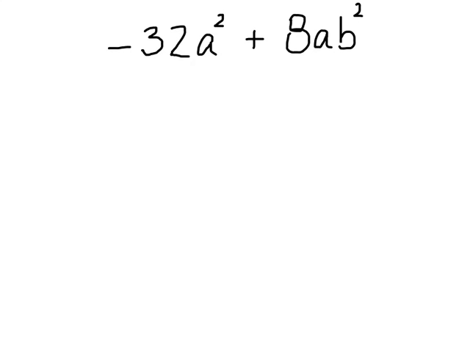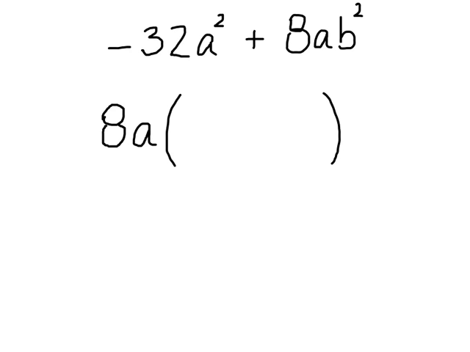So we're going to deal with our number first, and then we look at our variables. We've got 2 a's in the first term, 1 a and 2 b's in the second term, and so we can only take out 1a. Alright, I'll put that in front of the brackets.